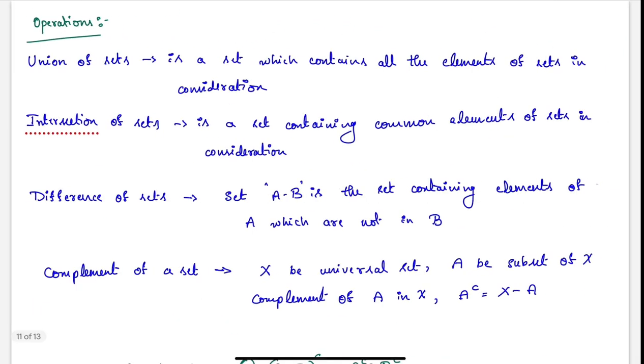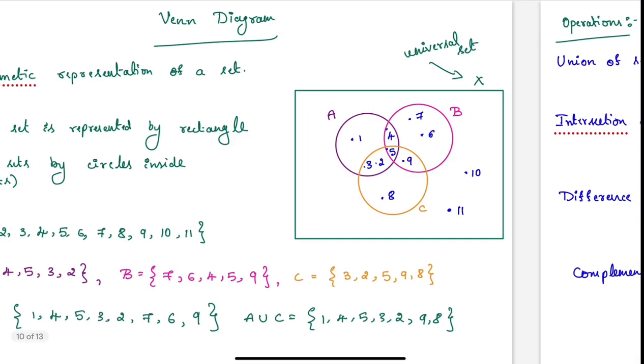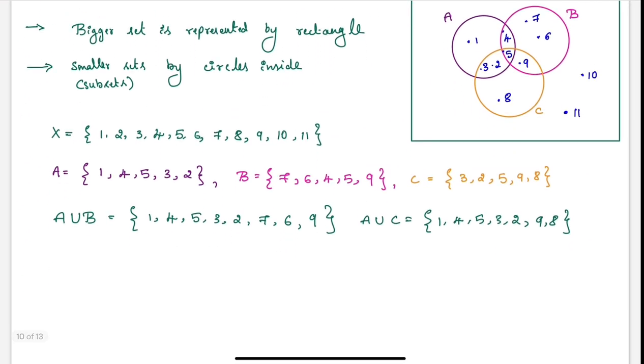The next operation is intersection. Now you might have got an idea what intersection may be. Yes, it is the set of common elements which you are considering. Suppose I ask you what is A intersection B; this is how you denote intersection. What are the common elements of A and B?